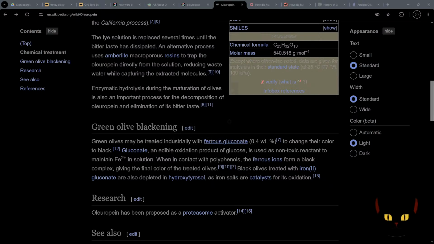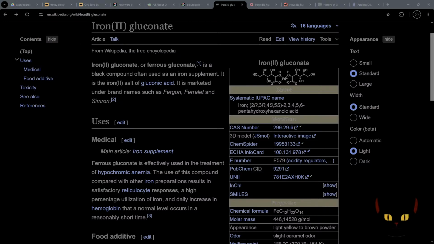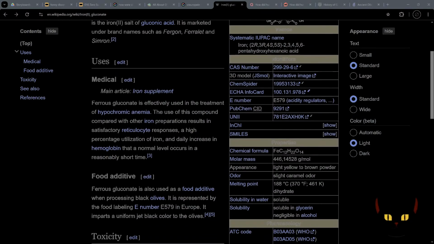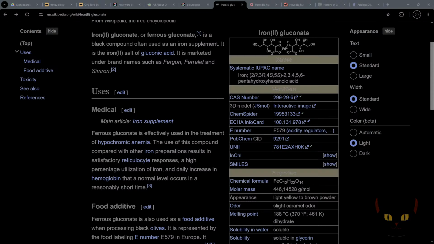I wonder if ferrous gluconate's the real reason why canned olives turn super black. Ferrous gluconate. Iron plus glucose.